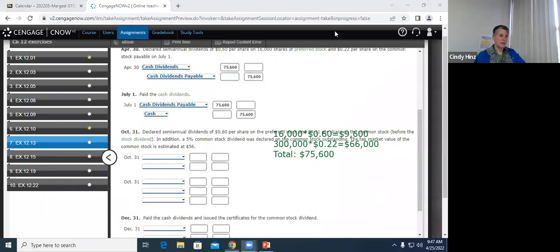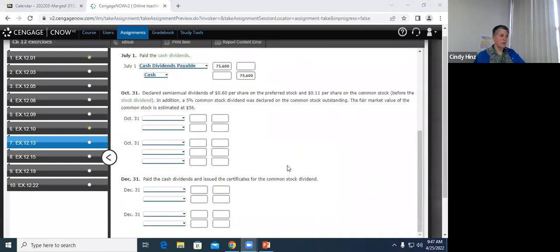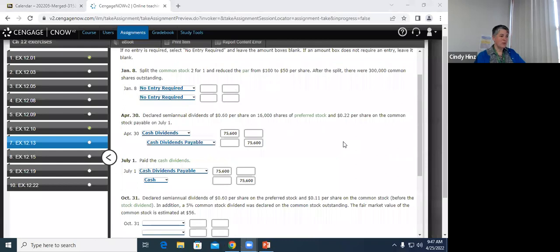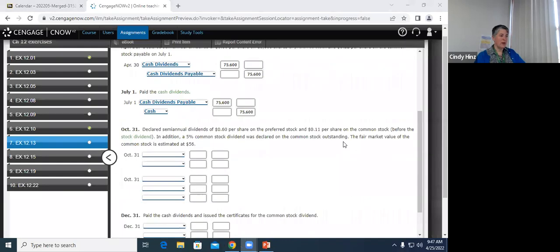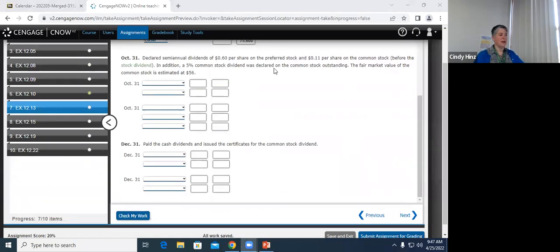I'm going to erase that and scroll down. And so we had 16,000 shares of preferred stock and 300,000 shares of common stock. On October 31st, we declared the other half. These are semi-annual dividends. That means they get paid every 6 months or twice a year.